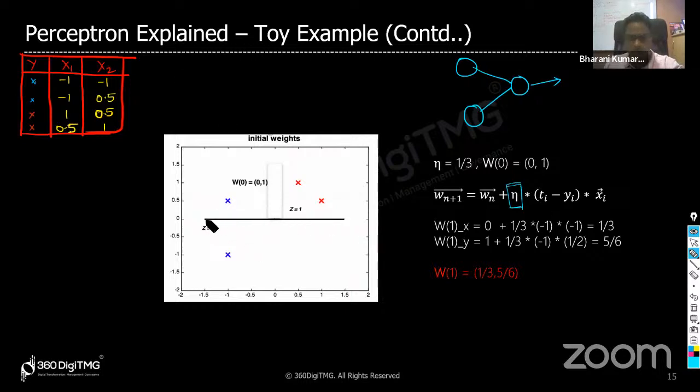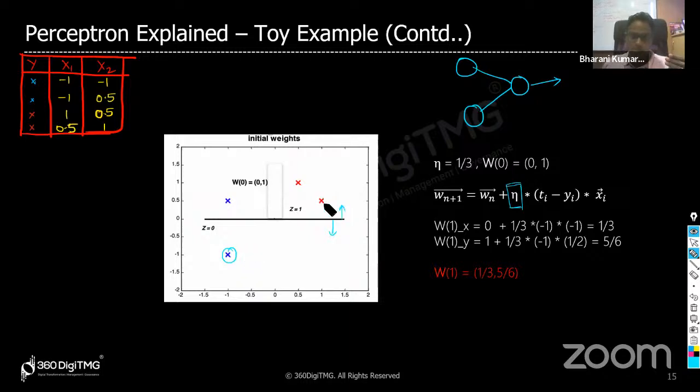Now this is the classifier. Your perceptron algorithm is coming up with this line, the equation of a line, which would segregate one class from another. Anything which falls below belongs to Z equal to 0 or the blue class. Anything which is above belongs to the red class or Z equal to 1. So this is below the line. It is actually blue, and it will also be predicted as blue.